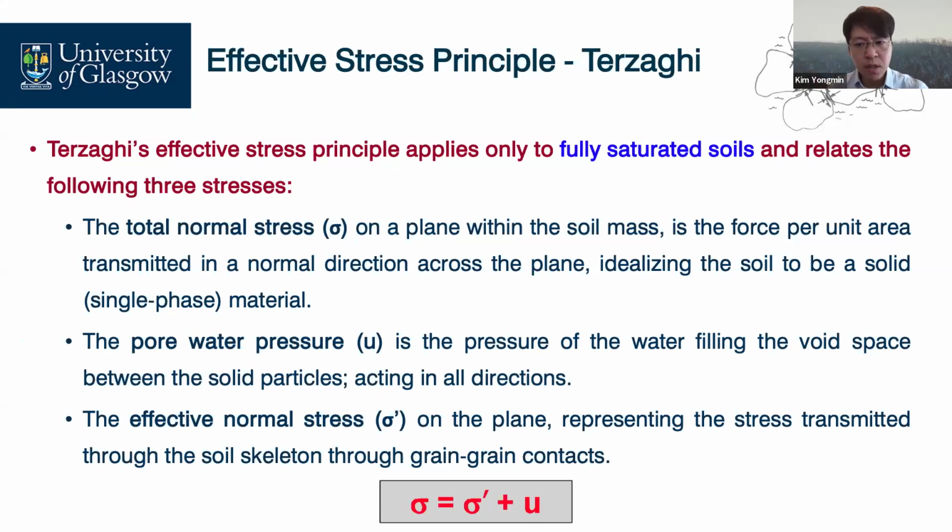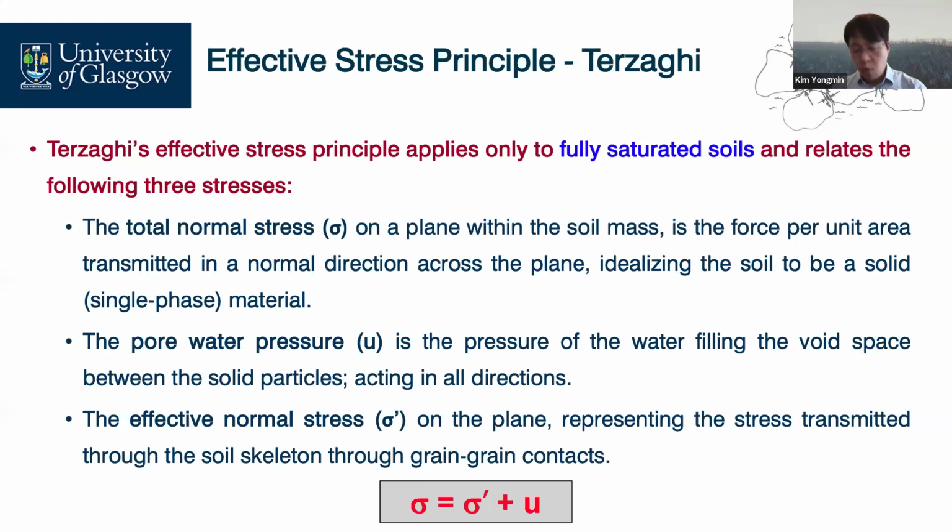Water pressure is the pressure of the water filling the void spaces between solid soil particles, acting in or around them. You jump into your swimming pool. Do you feel only the normal direction? No. This direction, this direction, this direction, any direction, all around.